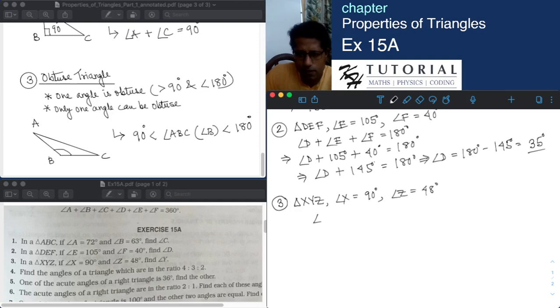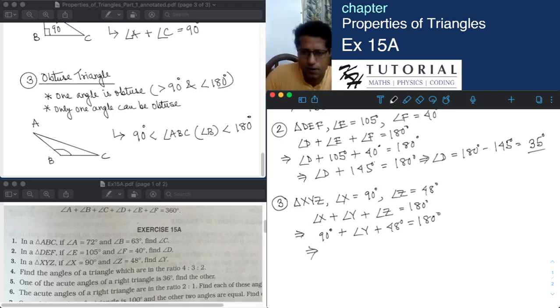We know that angle X plus angle Y plus angle Z is equal to 180 degrees. So this implies angle X is given to be 90 degrees, angle Y we have to find, and angle Z is given to be 48 degrees. This is equal to 180 degrees.